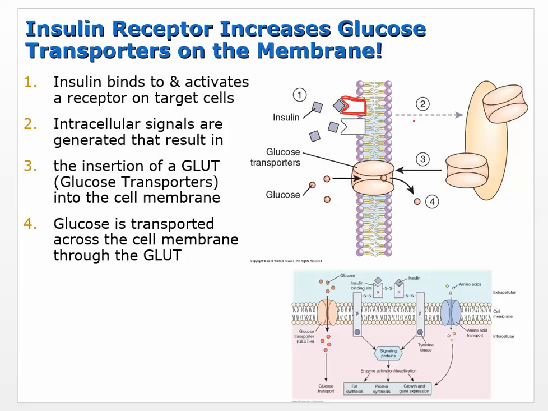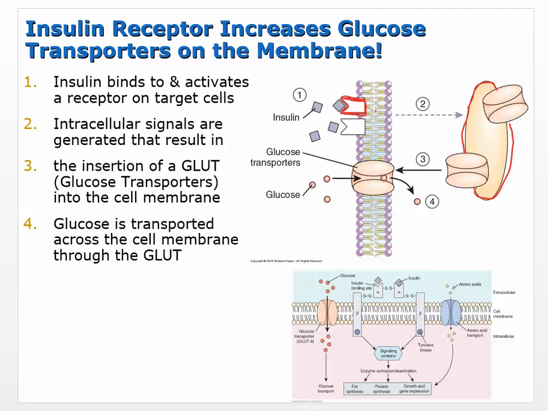And so when the insulin binds, it causes stored, and this is maybe a new concept for some people, there are these little vesicles that are holding on to glucose transporters. When they're sequestered away in the cell, they're these transmembrane transporters just sitting inside the cell, not having any effect at all.